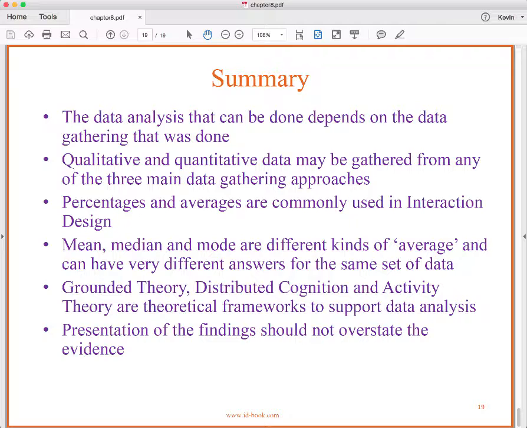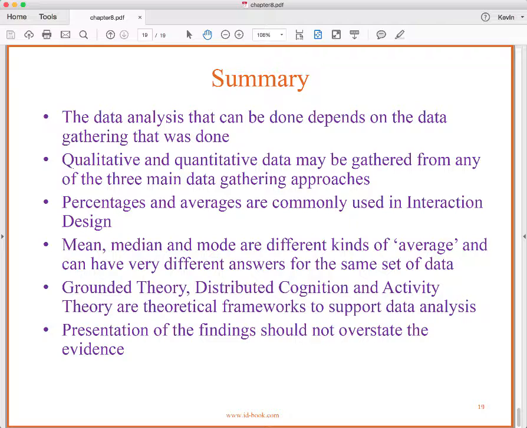These are not independent activities. For instance, if we gather all quantitative data, it's going to be hard for us to do a deep qualitative analysis, and vice versa.